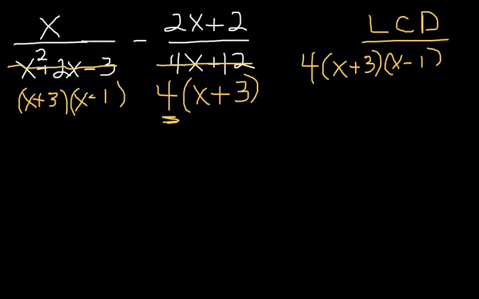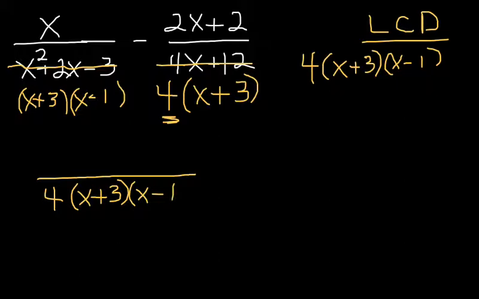Now I'm going to use that in the next part of my problem. I'm going to go ahead and combine that 4. No, I'm not going to do that yet, because if I combine them, it's harder to see what I need to do in my numerator. So I'm going to just write the 4 times x plus 3 times x minus 1 right here.